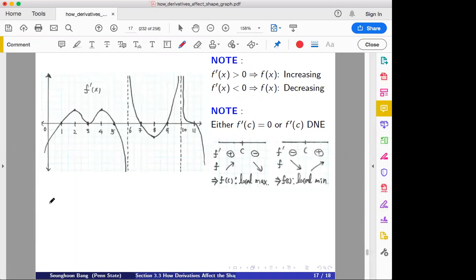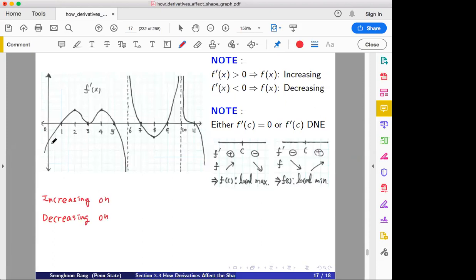First one, increasing and decreasing on intervals.